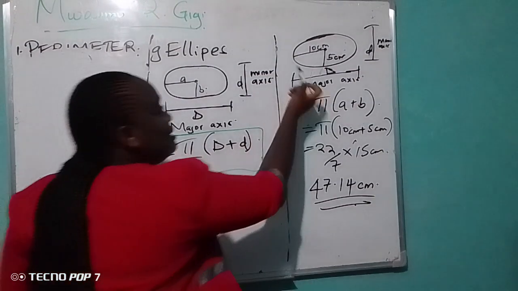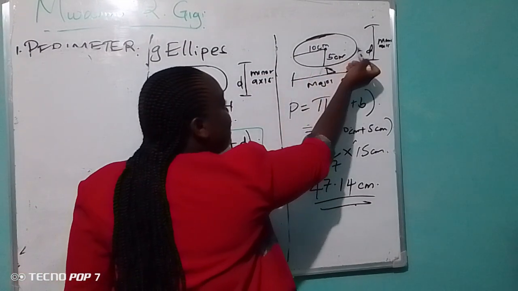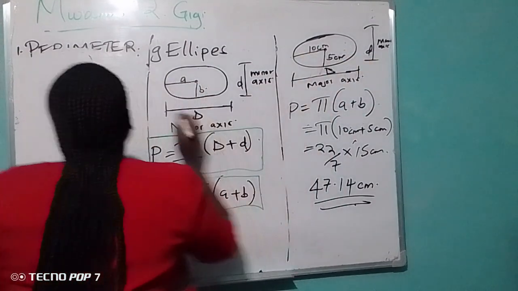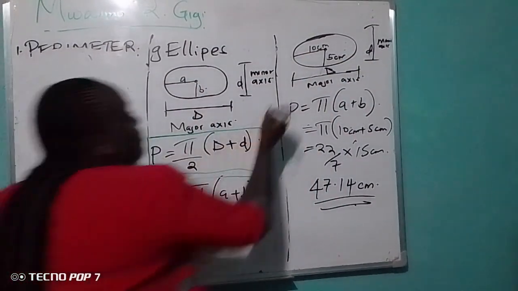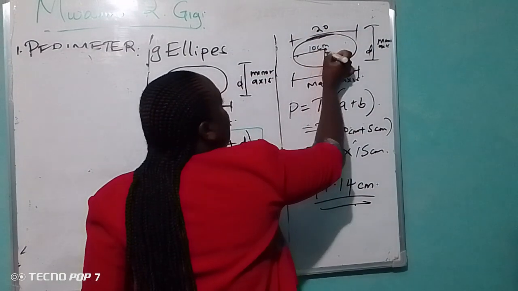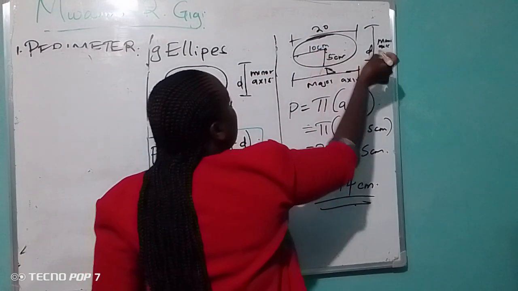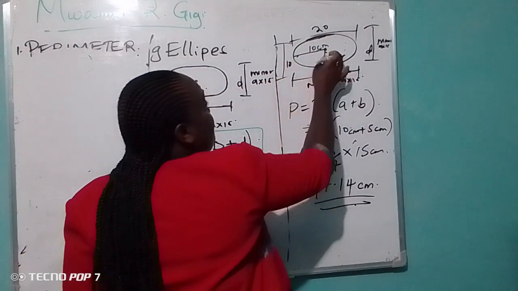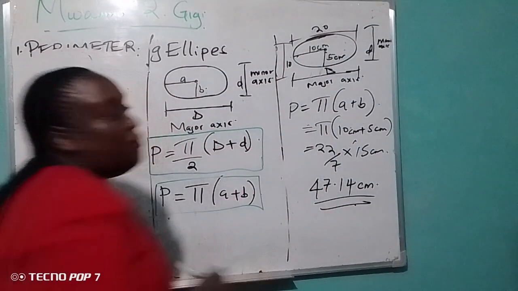So the major diameter it will be 10 plus 10, si ndio? Tutamultiply na 2. 10 times 2 itakuwa 20, si ndio? So hapa, this major diameter will be 20. Then the minor diameter, in this case it will be 10, 5 plus 5, or 5 times 2 centimeters.